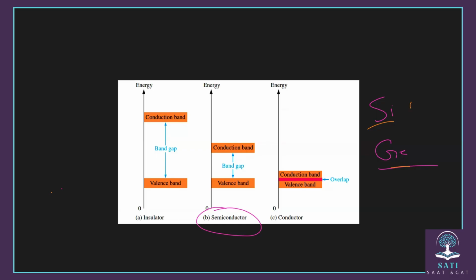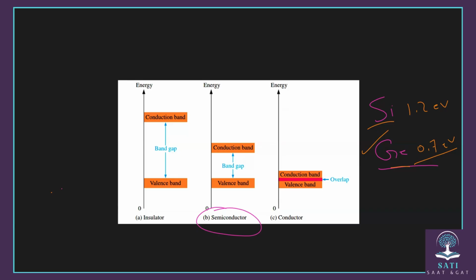For silicon, it's going to be around 1.2 electron volts, while for germanium, it's 0.7 electron volts. This is the band gap or the energy gap. So which one is more conductive, silicon or germanium? Germanium is more conductive. Why? Because the energy gap between the conduction band and the valence band is smaller. So it's easier for electrons to overcome this gap and go into conduction.